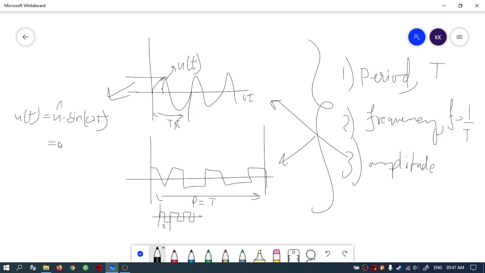If there exists a phase, this expression becomes u cap sine(omega t plus phi u), where phi u is the phase of the voltage signal. So these are some basic parameters you should know before we jump into calculating RMS and mean values.